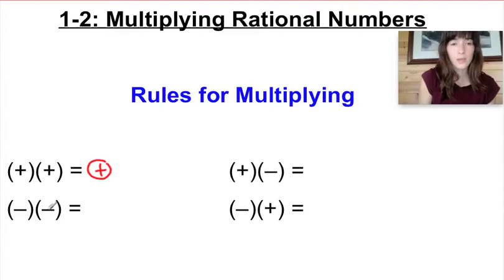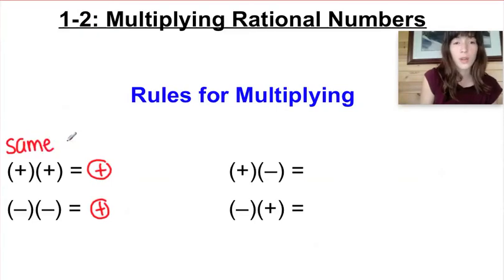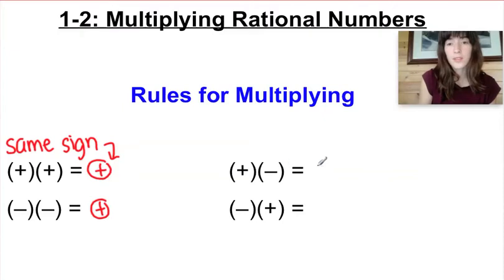If you have a negative number times a negative number, you also get a positive. So if you remember, we talked about if the two numbers have the same sign, the answer will always be positive. On the other hand, a positive times a negative is a negative, and a negative times a positive is a negative. So if the signs are different, your answer will be negative.